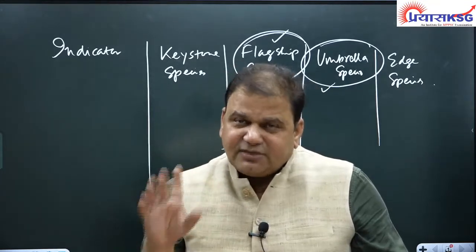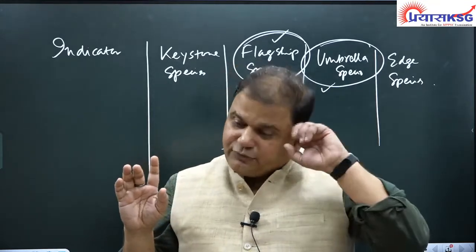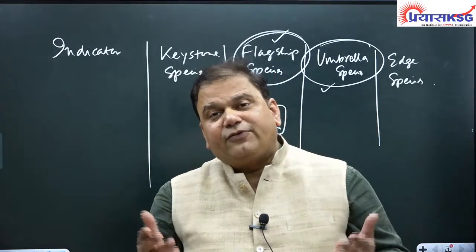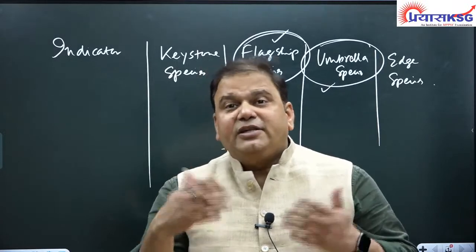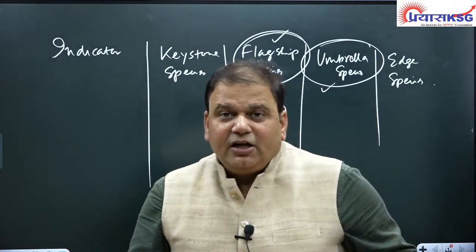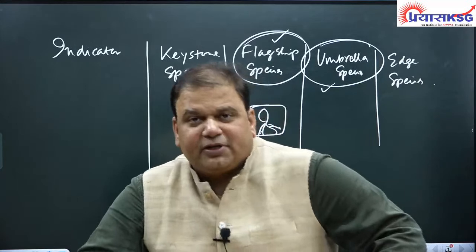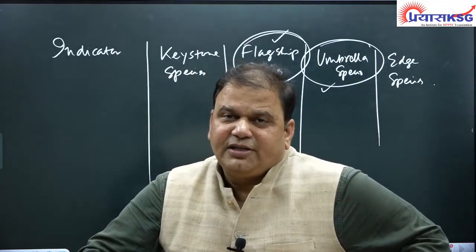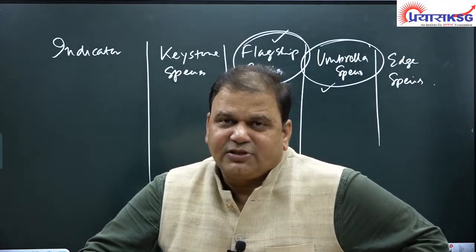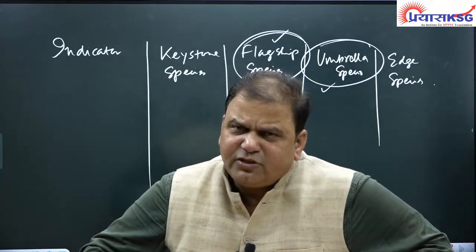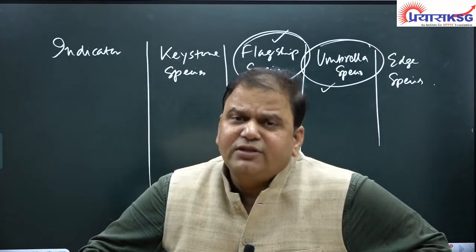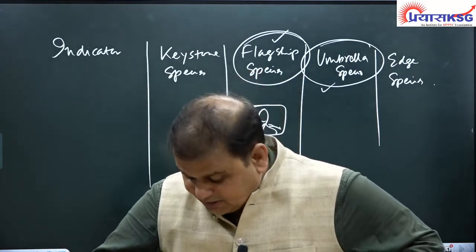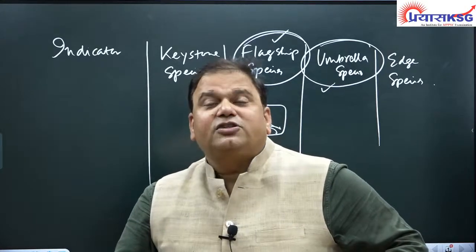They not only maintain the structure of the ecosystem, they ensure the survival of other species and determine the abundance of other species. But if you define it only on this basis, that they ensure survival or determine abundance of other species, each and every species would be a keystone species. So it is necessary to mention that they are responsible for maintaining the structure of the ecosystem.